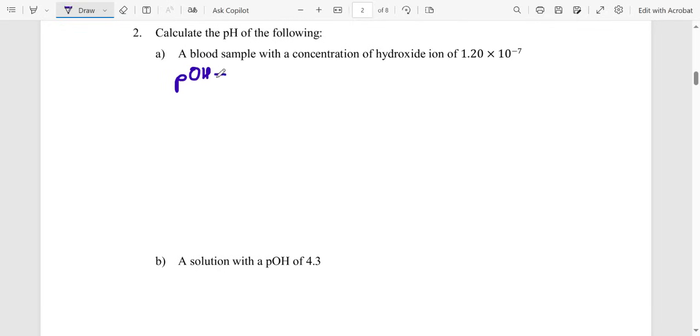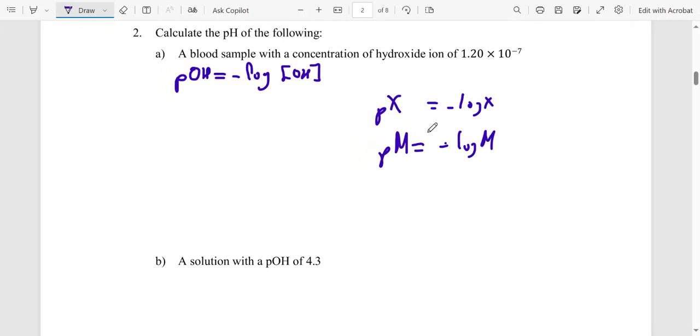So pOH is equal to negative log of the concentration of OH. You need to know that the P of anything: if I've got X, I put P in front, it just means negative log of that X. If I've got M, I put P in front, it just means negative log of this M. So pOH is just the negative log of the concentration.